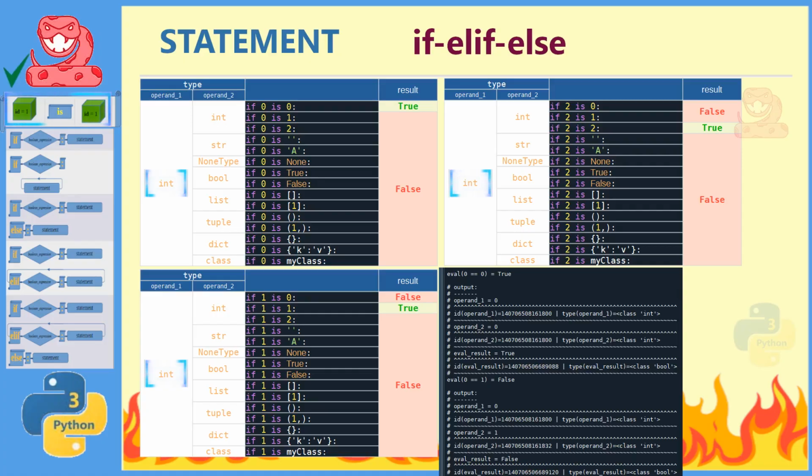Identity checks if the operands refer to the same object. Comparison occurs based on the ID of objects.